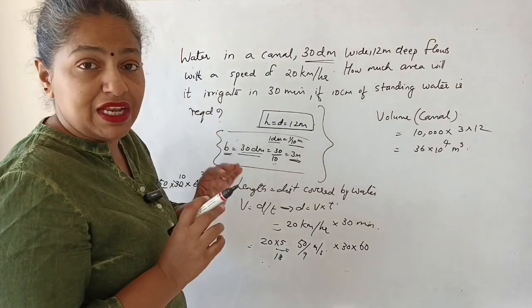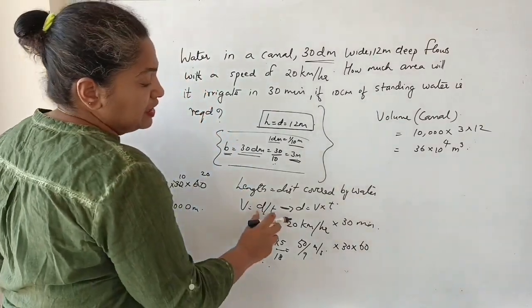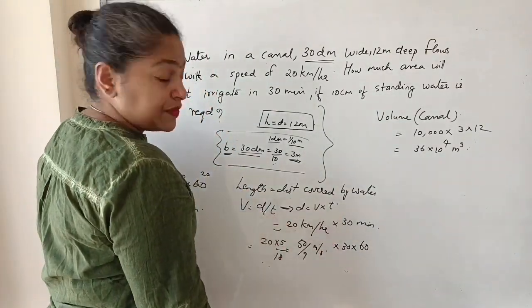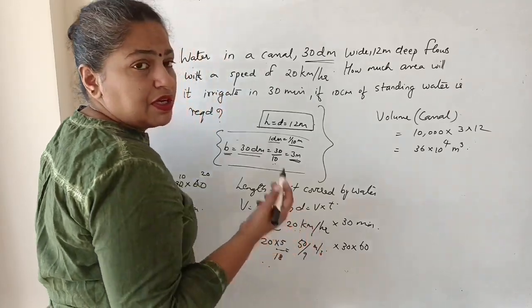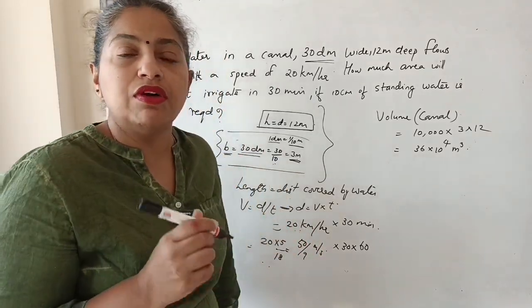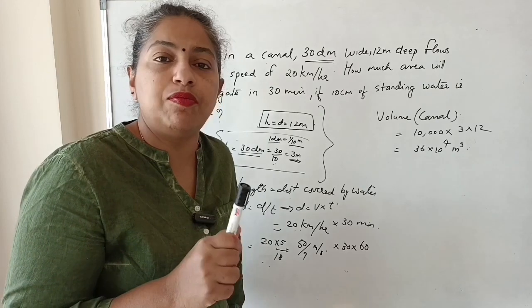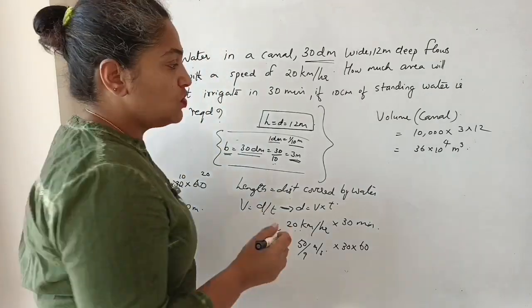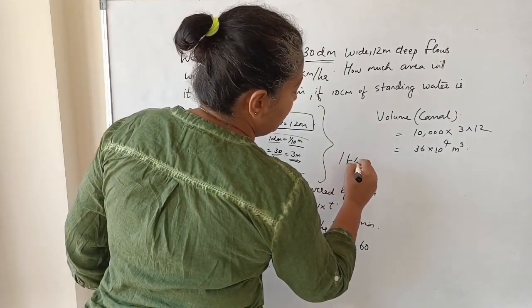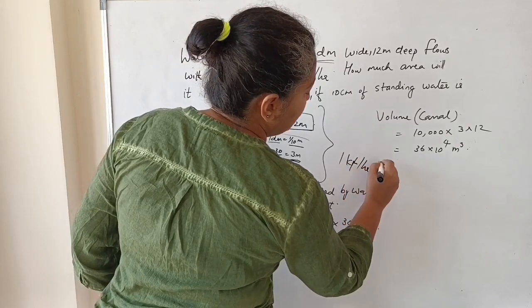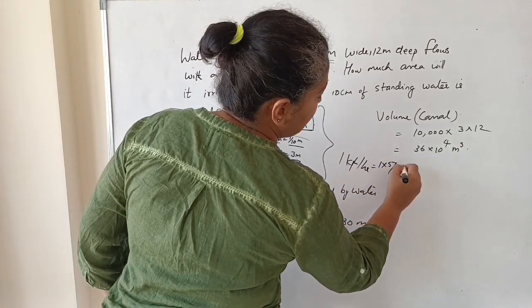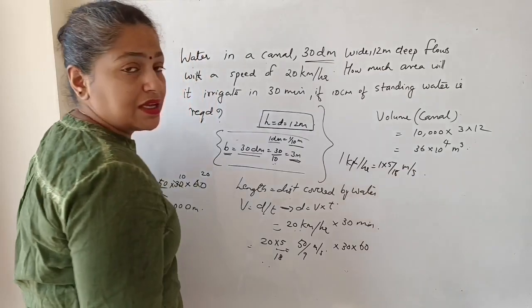Now I have a problem with the length because length is given by speed into time. My speed is in kilometer per hour. How do you convert kilometer per hour into meter per second? I will have to multiply it by 5 by 18. So 1 kilometer per hour, you need to multiply it by 5 by 18 in order to convert it into meter per second.